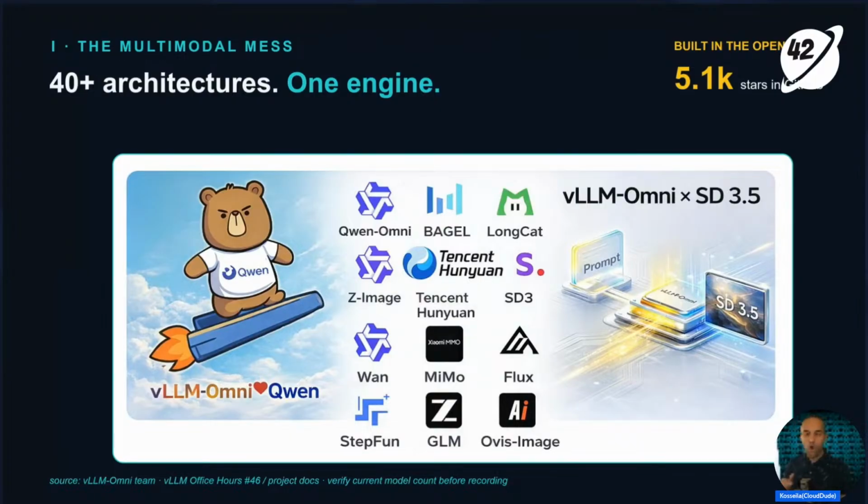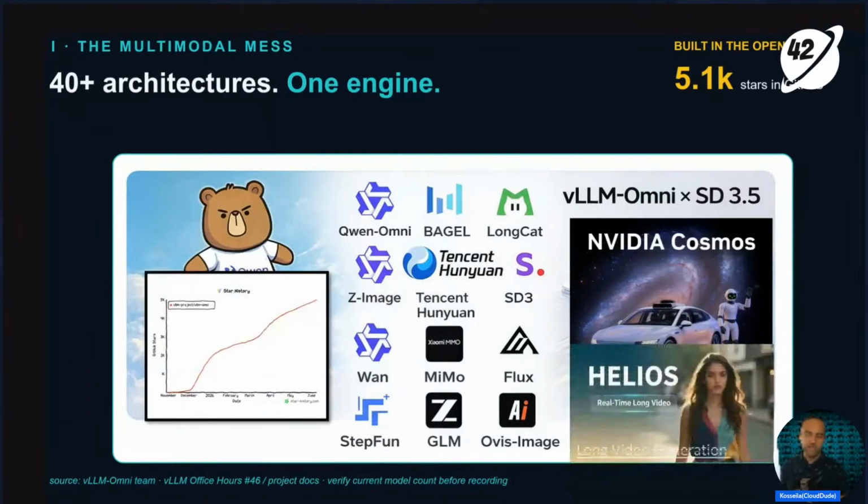We got the whole Qwen suite, from Qwen Image, Qwen Omni, Qwen TTS, to models like Flux, Hunyuan, Wan, Stable Diffusion, Z models from GLM, and even Cosmos, the newborn model made to generate world simulation and train robots, and the latest Helios real-time long video generation model.